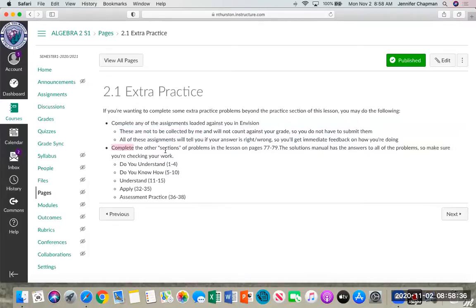The other option is to complete the other sections in the back of your lesson. In your textbook, the practice section is just one column out of about 6. There are a bunch of other columns you could practice from. Do you understand is the first column you'll come to at the back of the lesson. Then there's a do you know how column, then an understand column.